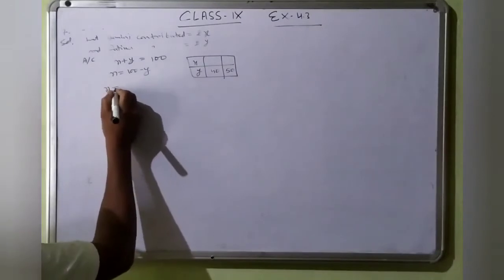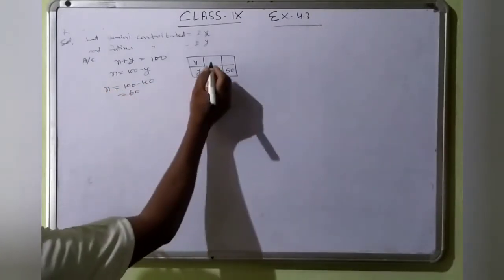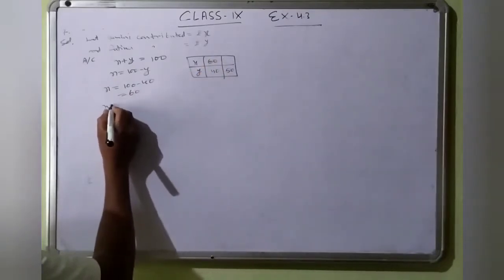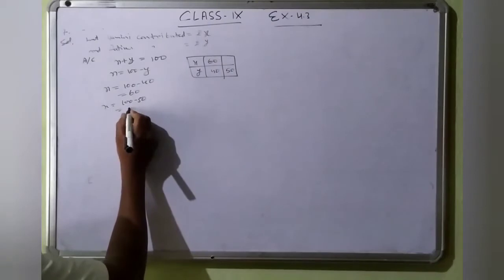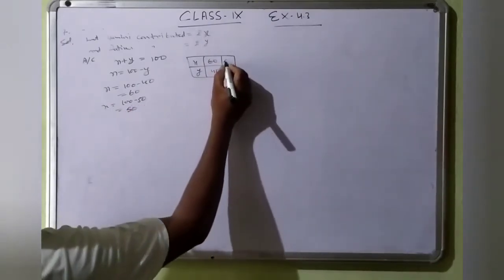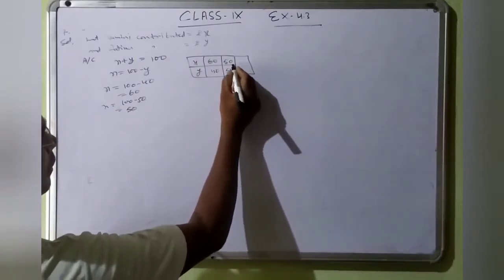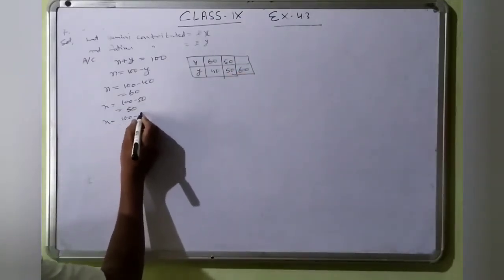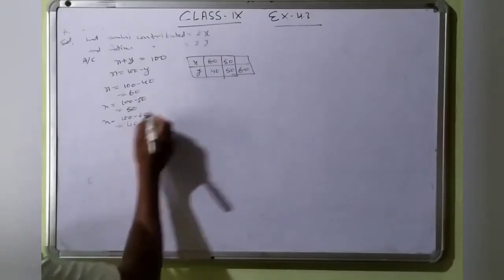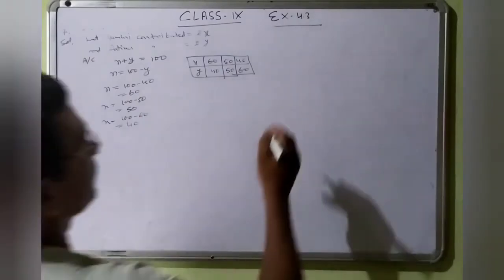So x is equal to 100 minus 40, that is 60. x is equal to 100 minus 50, that is 50. You are looking, both values are the same, or you can write one more value here, 60. So x is equal to 100 minus 60, that value is 40. Right? Now, graph.